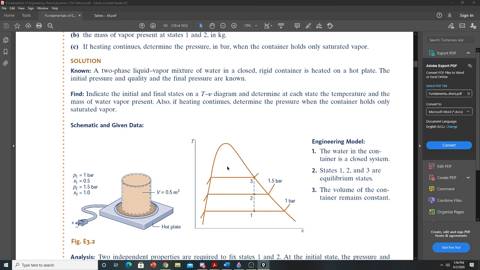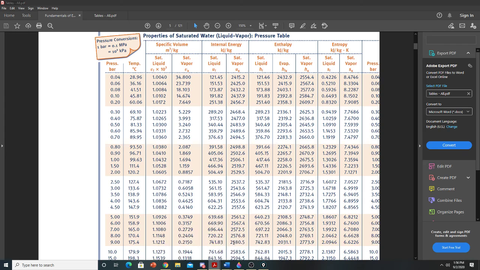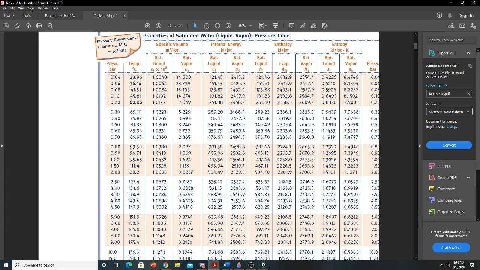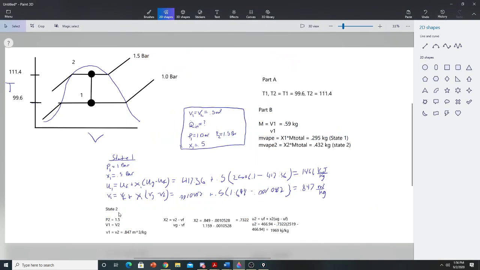So what you would do is you would go down the table. So I'll explain this really fast, I guess. So you would go down the table here and find 0.849, which I think is our original, or 0.847. So you would go down the table really fast and find a saturated vapor value that equals that number.